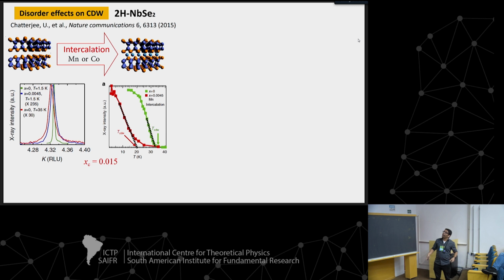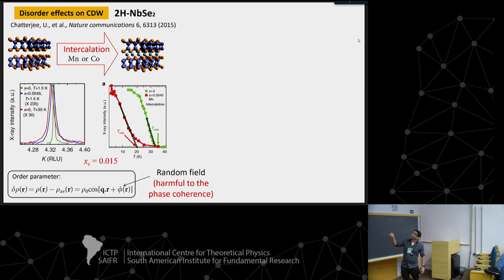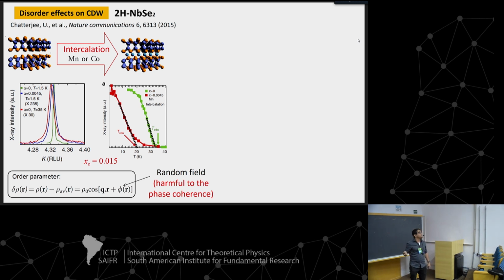And how can we understand this? Basically, you can understand this by looking at the order parameter. The order parameter of charge density wave is basically the fluctuations of the charge density. If you are putting atoms inside this space between layers, you are basically doping the layers with electrons, and these electrons can change locally the phase of your order parameter.